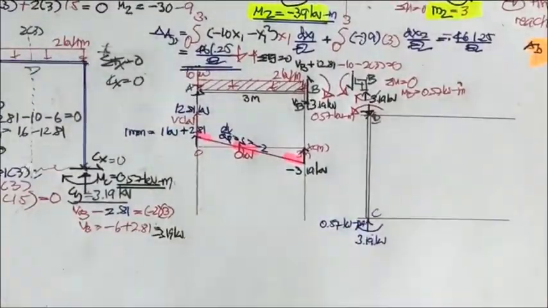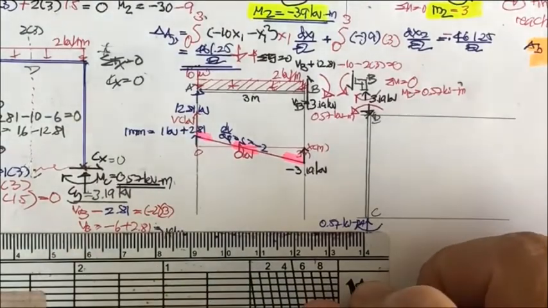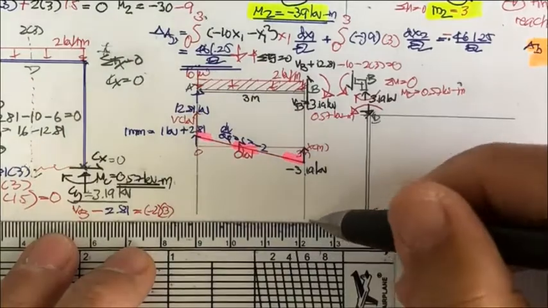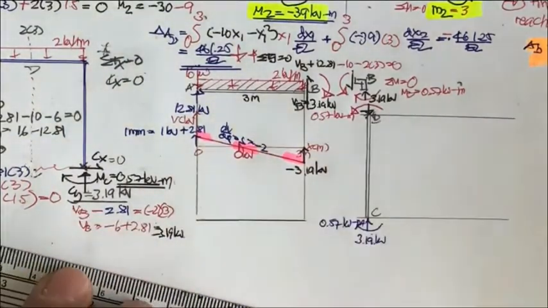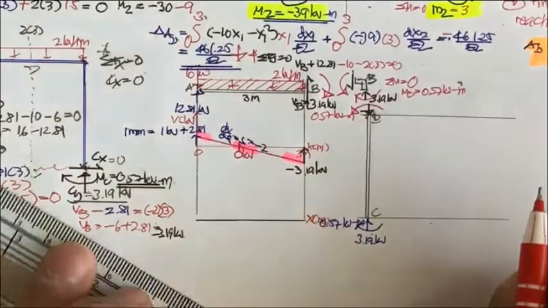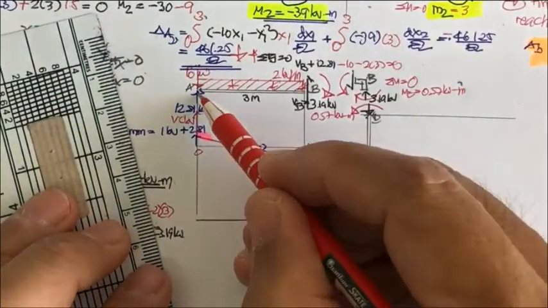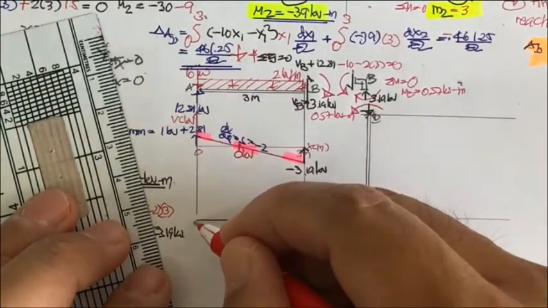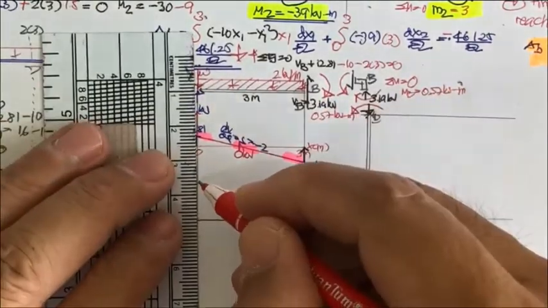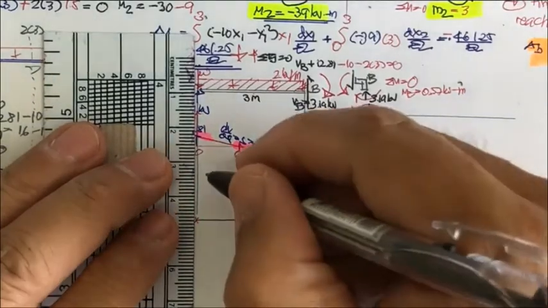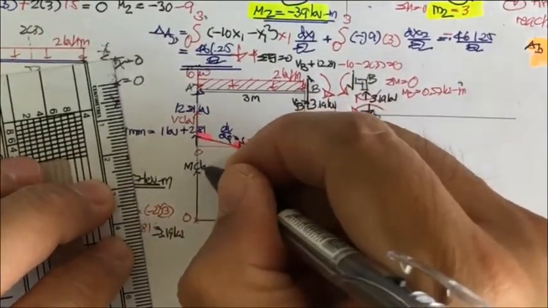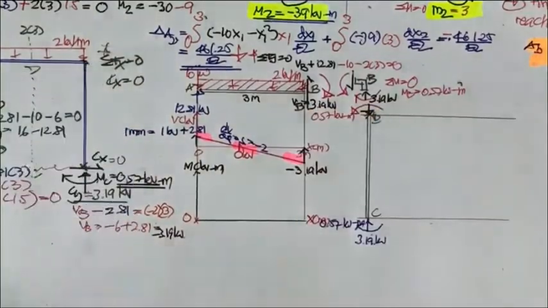And if you like, next we do the moment diagram. This one again, x meter. And this one is the roller, has no external moment, so this one is 0. And then we set this as moment, kilonewton meter.